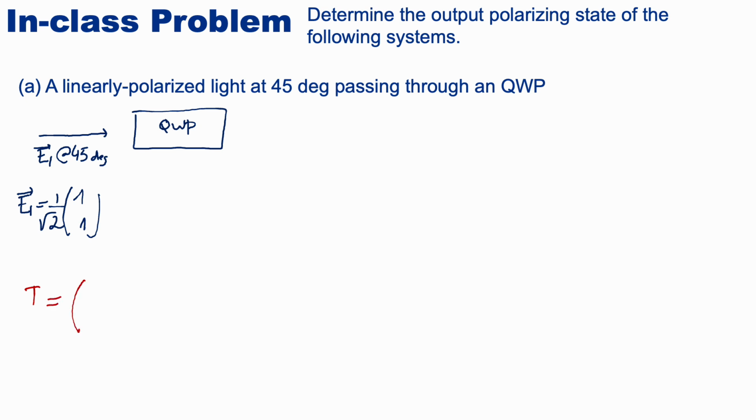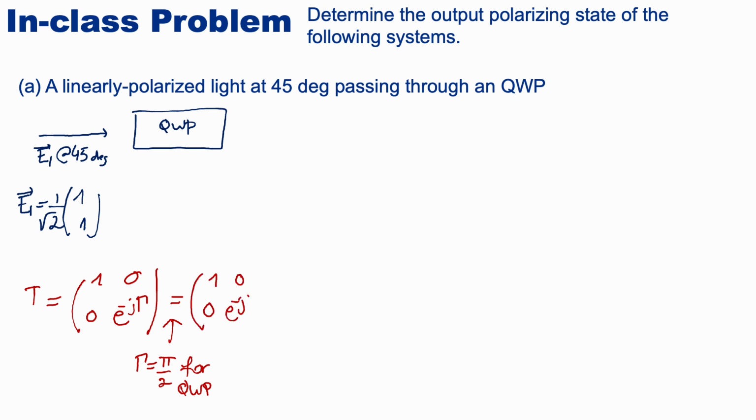The T of any retarder is 1 0 0, the exponential of minus j capital phi, but now that phi value is going to be 90 degrees for a quarter wave plate. So we have 1 0 0, the exponential of minus j pi over 2, and if we apply Euler, we see that this is 1 0 0 minus j.